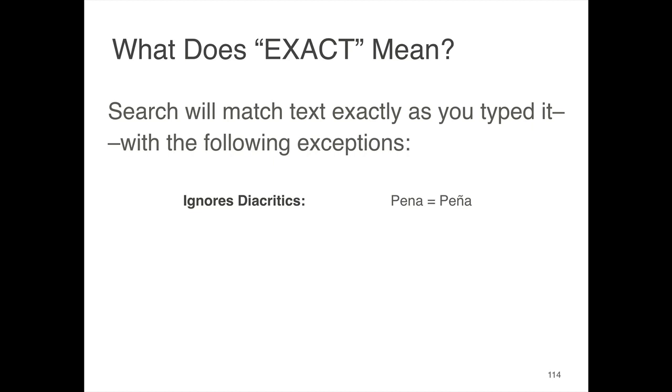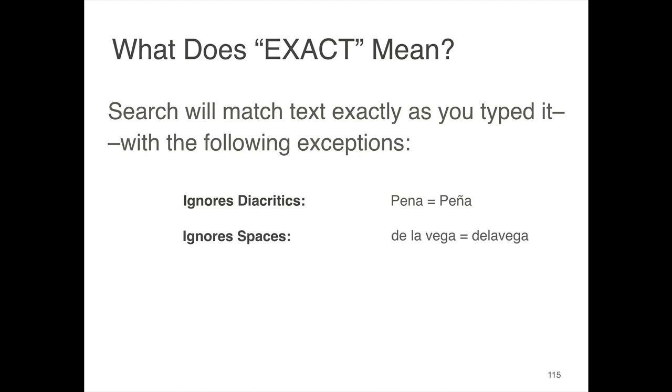What do I mean when we say exact? The search text that you type in will be matched exactly with the following 4 exceptions. When you check the exact box, the search system ignores diacritics. It's going to treat pena and peña as exactly the same word.